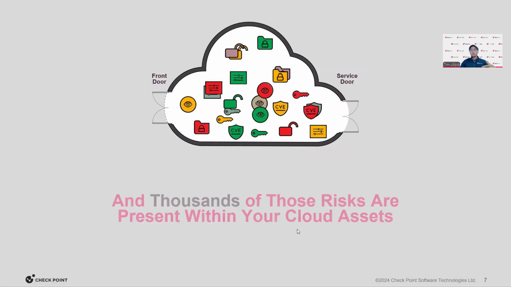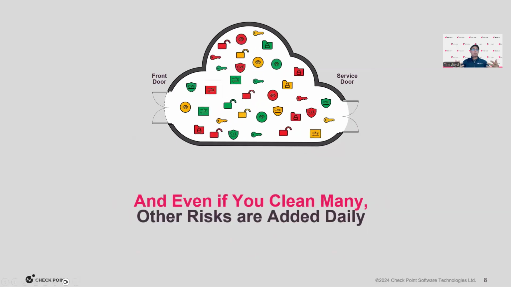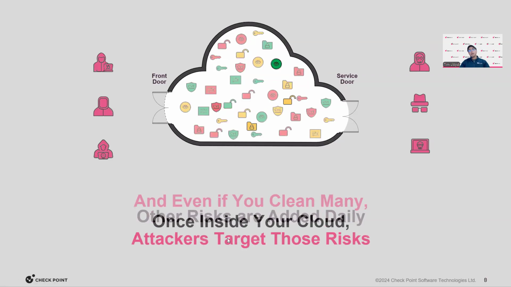Your security team could spend all day trying to clean this out, but the fact is, it feels like a zero-sum game. You're not able to tread water because you're cleaning up risks and more are getting added, and it really just feels like drowning at the end of the day.